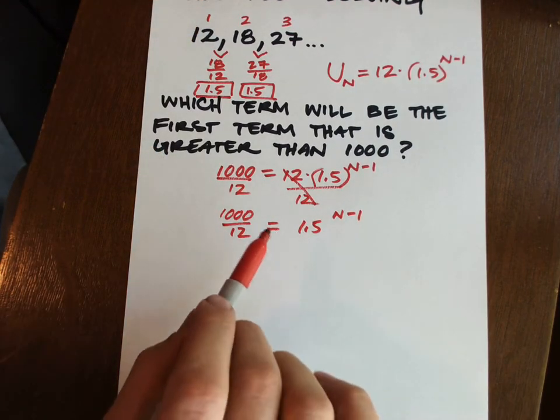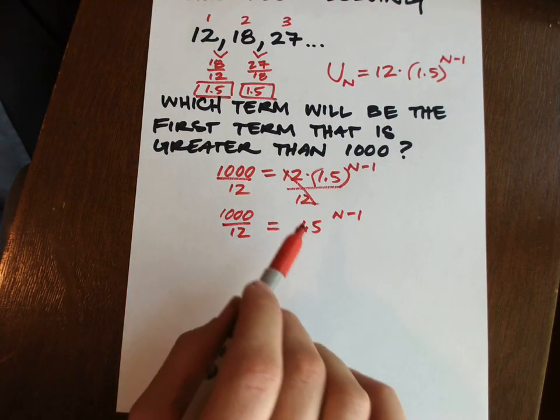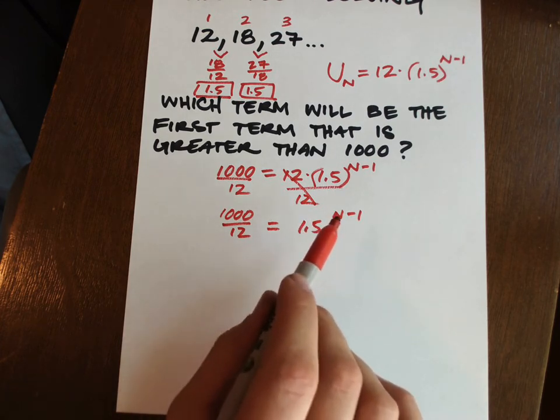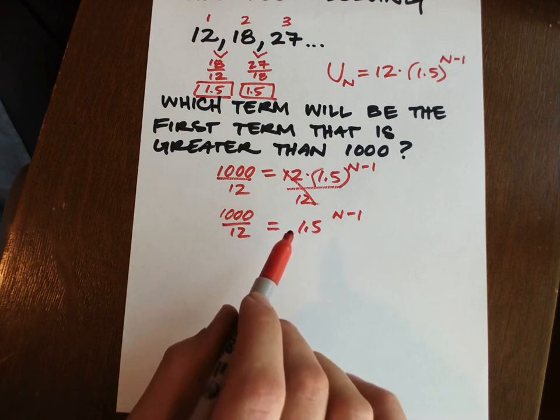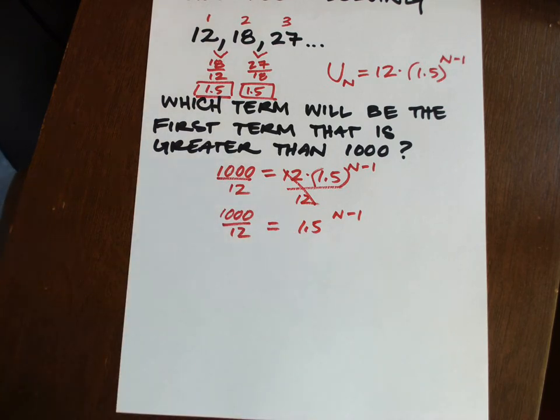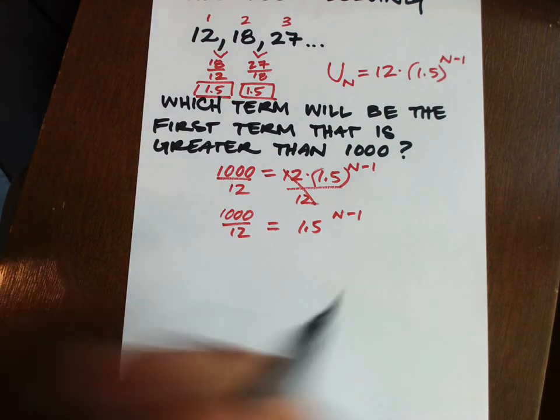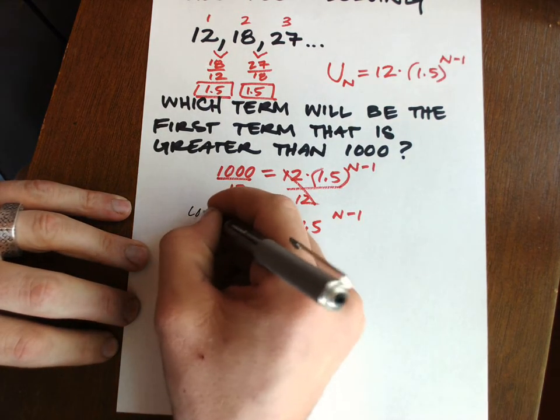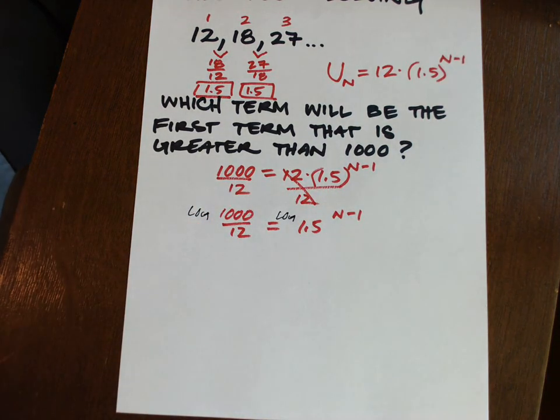And right here, to solve this, we have to undo this base. This part of the problem is called the base, that which has the exponent. And we want it to cancel out from the side, and there's a specific way to do that using your logarithm skills. And so we're going to log both sides.